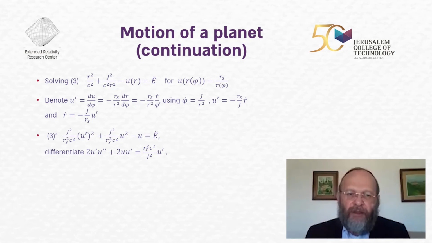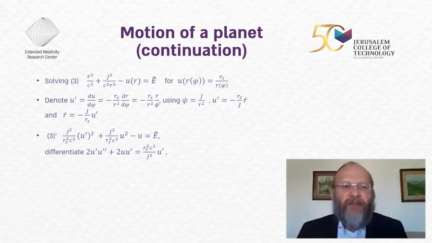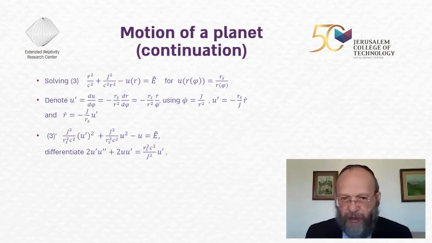Now, to solve such an equation, the only problem with it is that you have a square, and there's a standard trick to get from the square to a linear equation. You differentiate it. You differentiate by phi. Now you recognize, very important, that the two coefficients are the same here. So you can multiply by the inverse to make them 1 and put them on u. What you'll get?